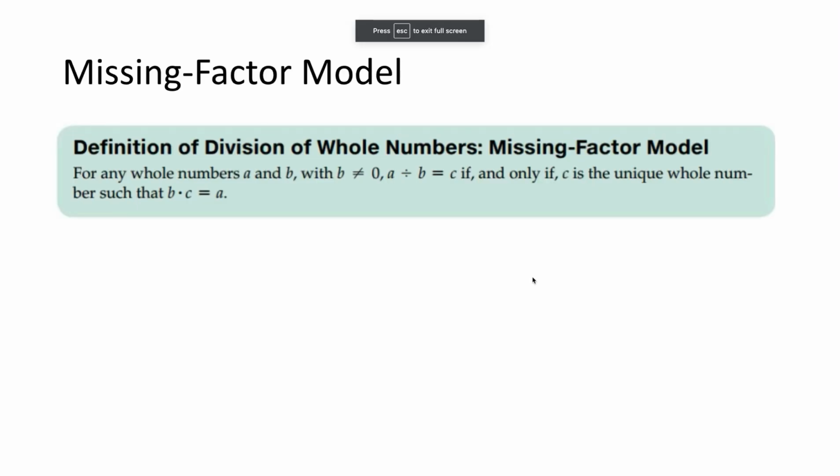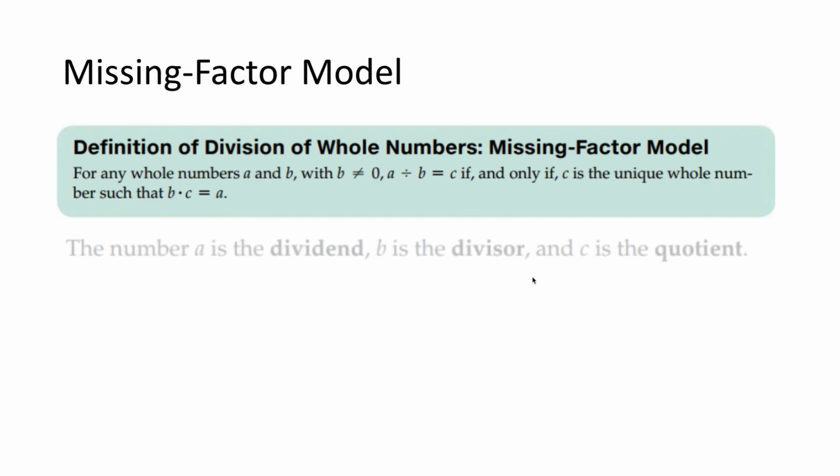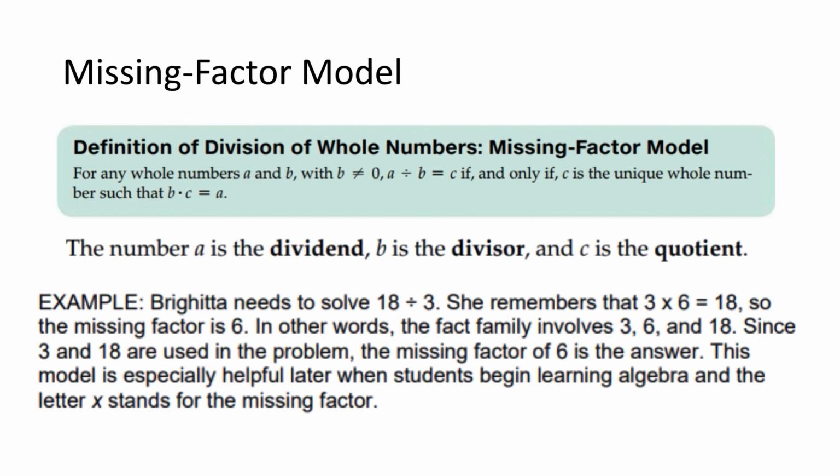So if you think about the missing factor model, we can use maybe this example. Maybe it's easier for you to understand what's going on. So Brigitta needs to solve 18 divided by 3. She remembers that 3 times 6 is 18, so the missing factor is 6.